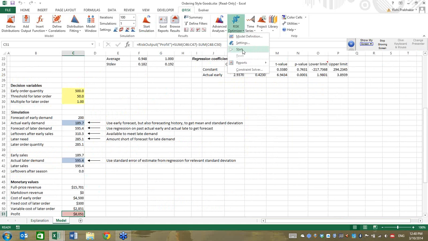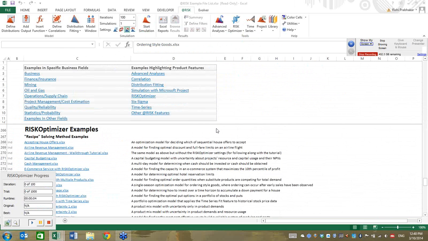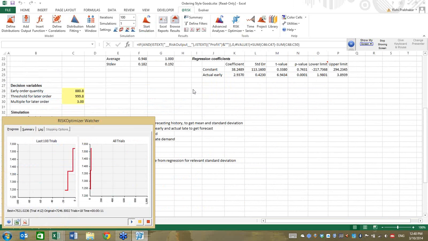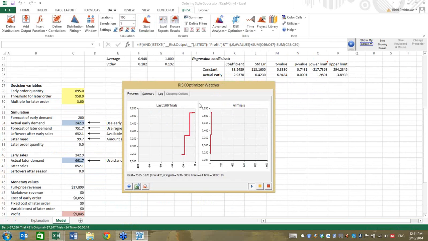So if I go to RISKOptimizer and start my optimization, as we know, it will simulate and utilize the Evolver engine to improve the expected value of my output, and we're tracking the expected value of the profit here.